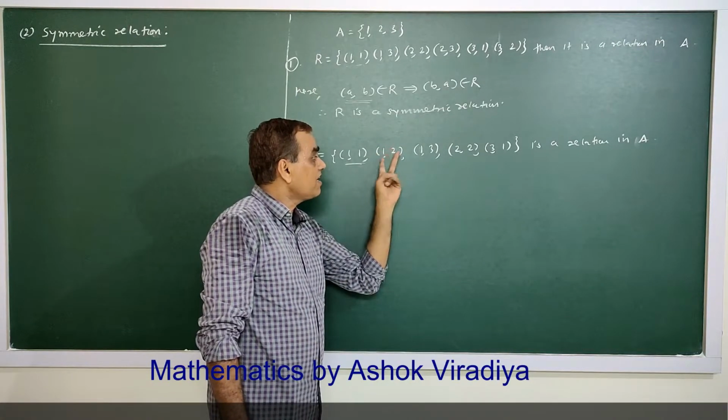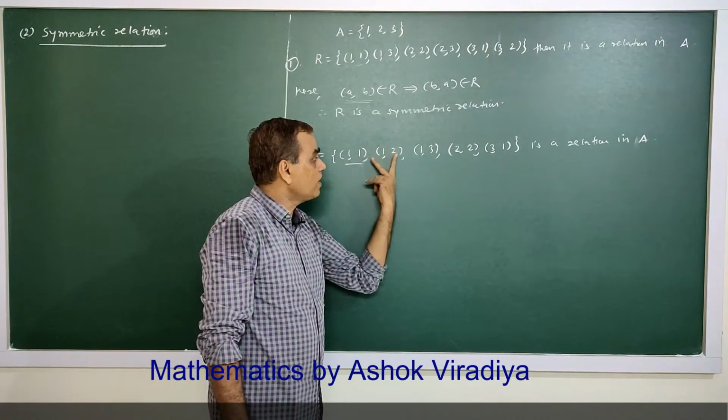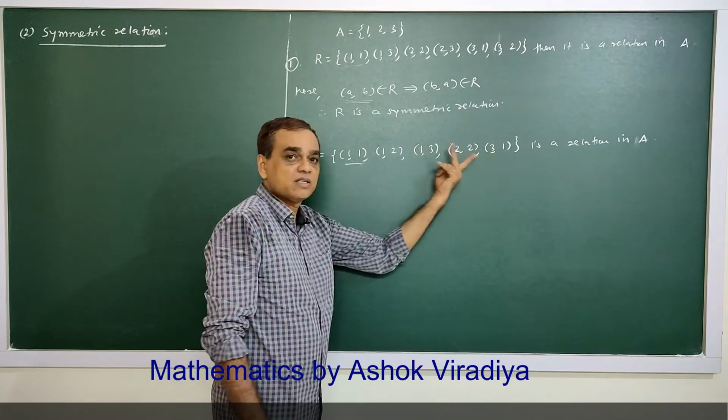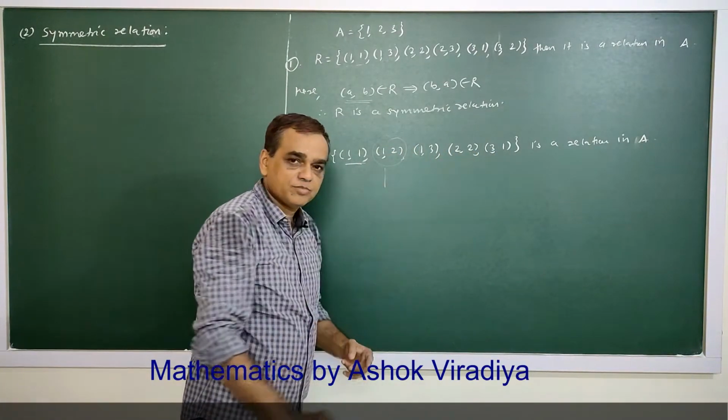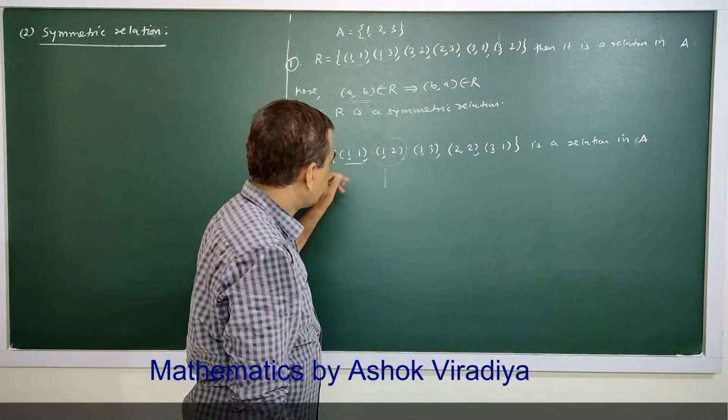Find out where (2,1) belongs in this set. So (2,1) is nowhere. So for (1,2), there is a problem. Its inverse does not belong to R.